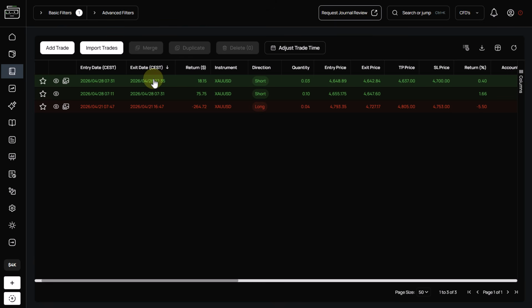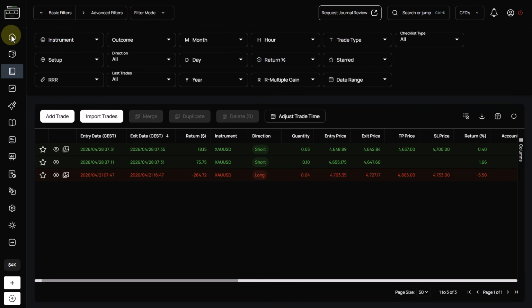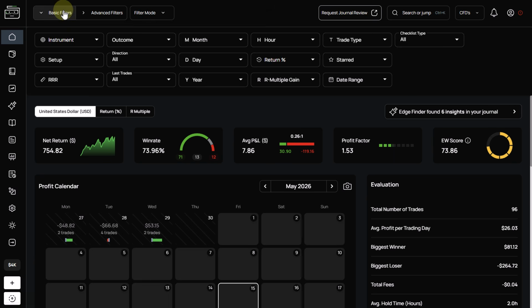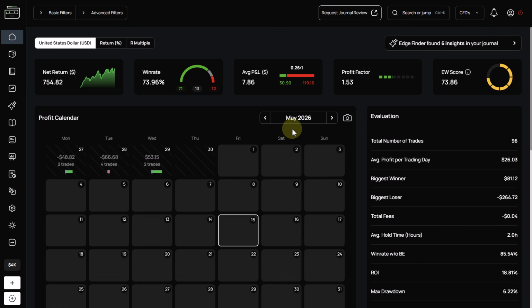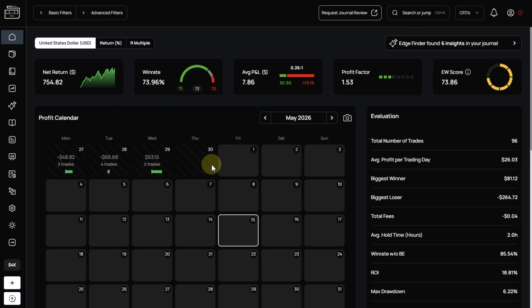It doesn't necessarily mean this hour is an hour that doesn't perform, but there's something else happening here. Maybe taking too much risk, and just clearly one trade that wipes out your whole performance is not meaningful and shouldn't lead to the conclusion that you need to stop trading at 1 p.m. or 7 a.m. So those are also quite interesting insights.